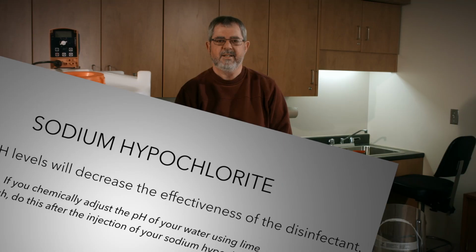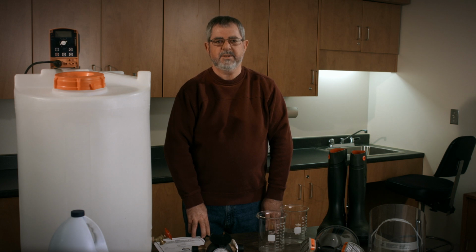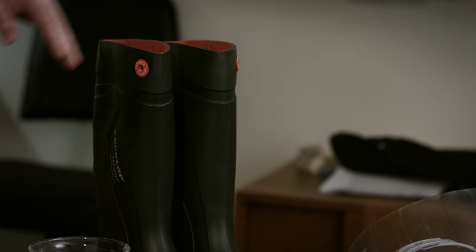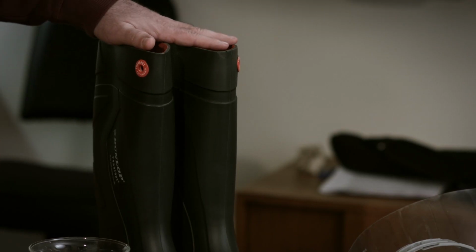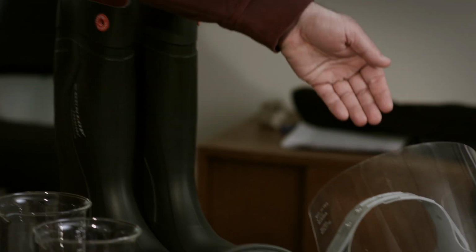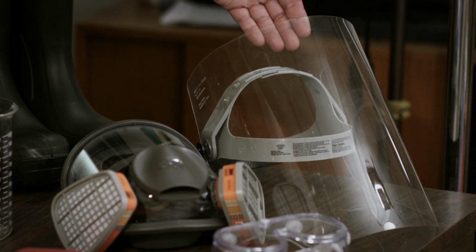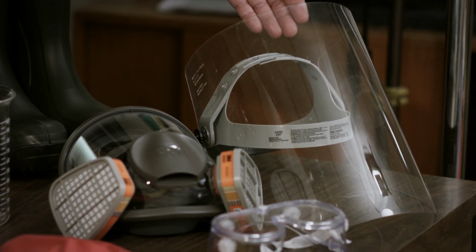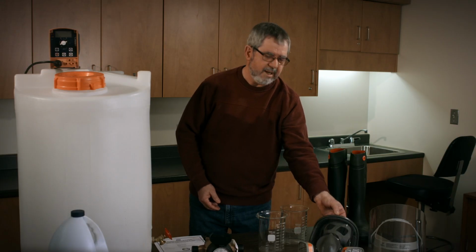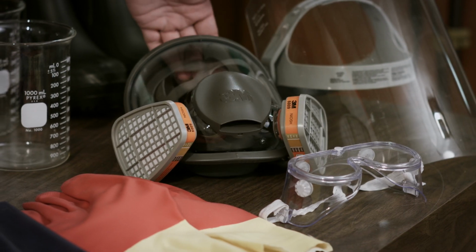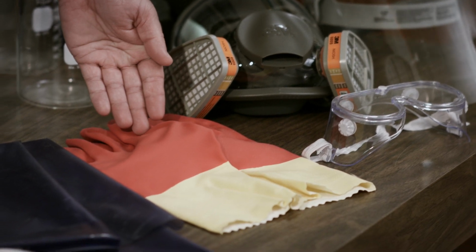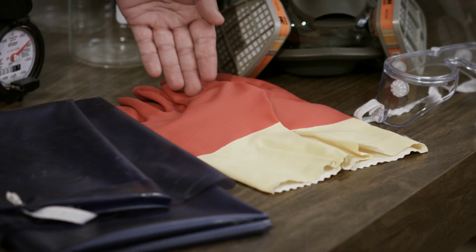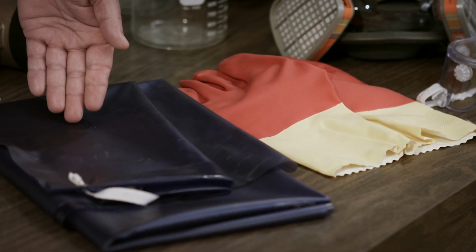Sodium hypochlorite is a corrosive chemical which requires appropriate personal protective equipment during handling. This equipment should include rubber boots, a full face shield complete with chemical splash goggles, or a full face respirator, chemical resistant gloves, and an apron or a rubber suit.